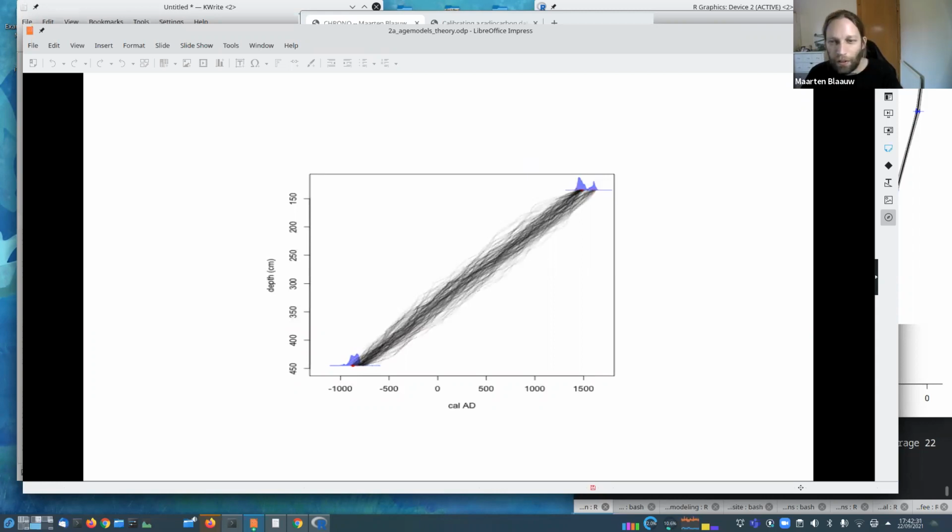But if you want to know if your event was mid-Holocene, you might not even need dates, because you can already see from other dated sites in the region that whatever you're seeing in your core is more or less mid-Holocene. So it depends a lot on the research question.